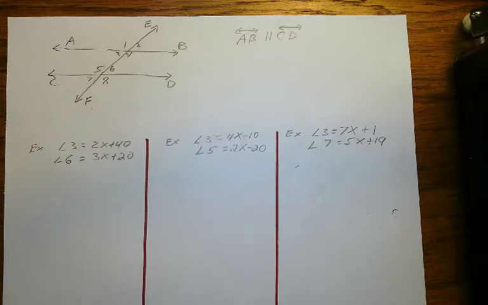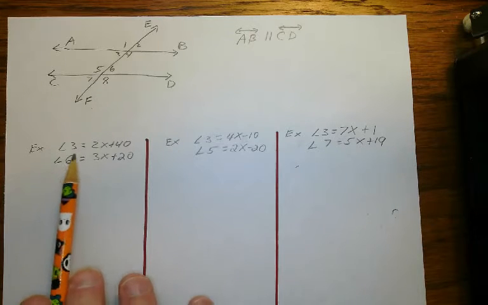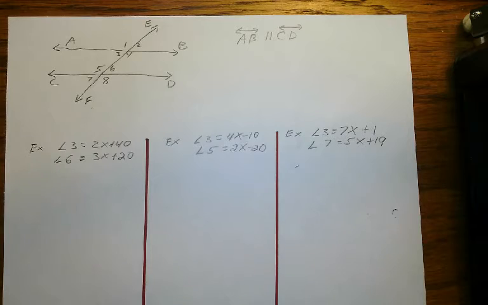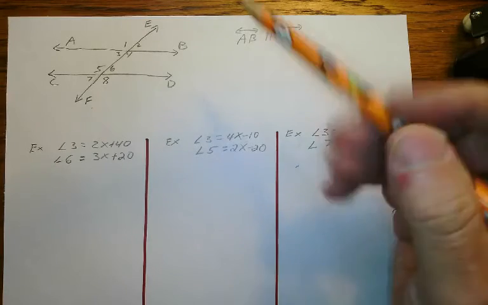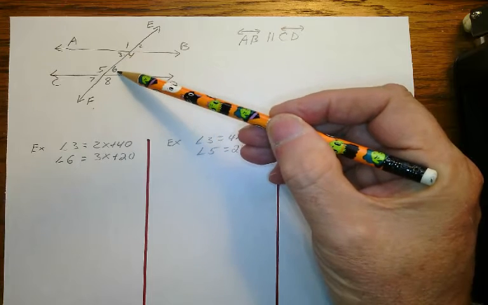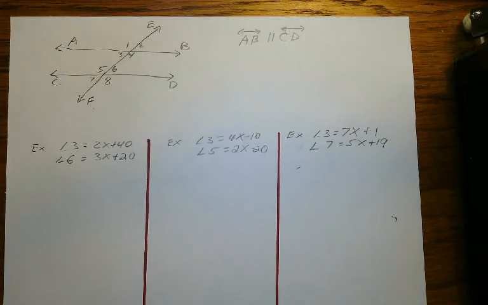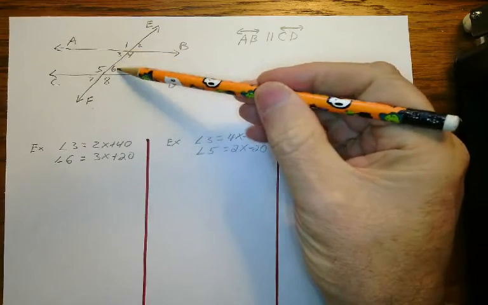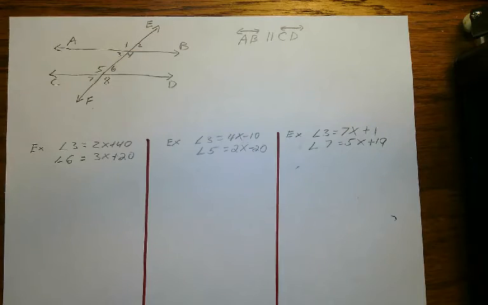Now, let's do the first one over here. We're given angle 3 and angle 6. So you go up to the diagram, and you see here's angle 3 and here's angle 6. To determine if they're equal or supplementary, if you can recall that angle 3 and 6 are alternate interior angles, and you know from the notes they're going to be equal.